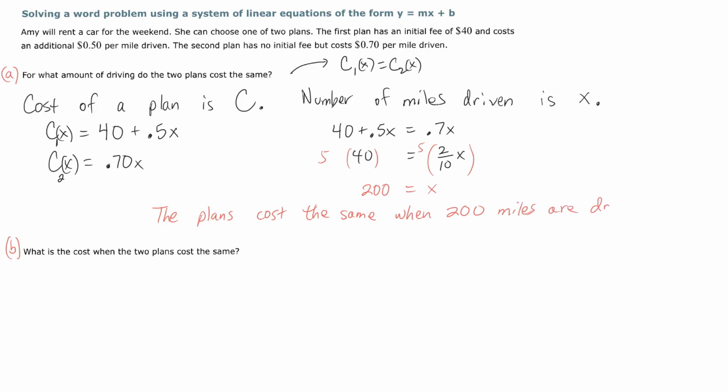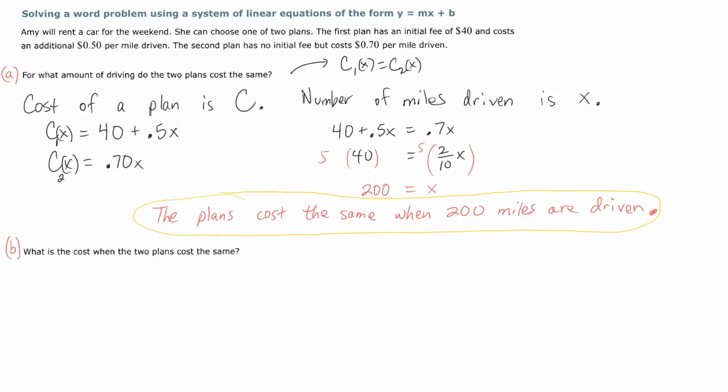So it's always nice to write an answer in a complete sentence. That way you don't miss labeling the units. What is the cost when the two plans cost the same? We need to find C1 or C2. In other words, we need to evaluate C1 at 200.